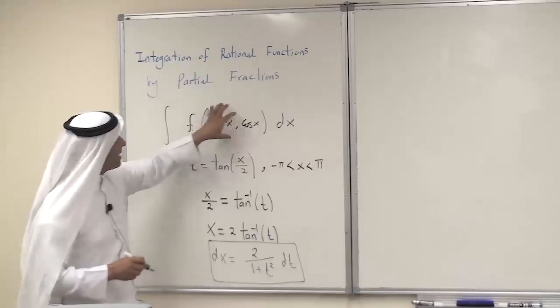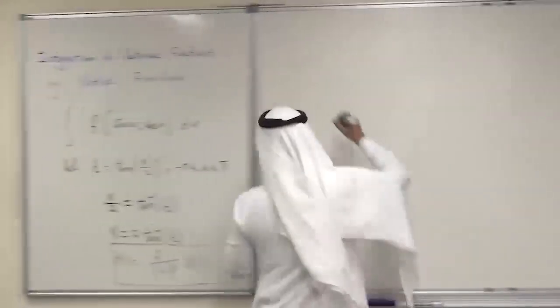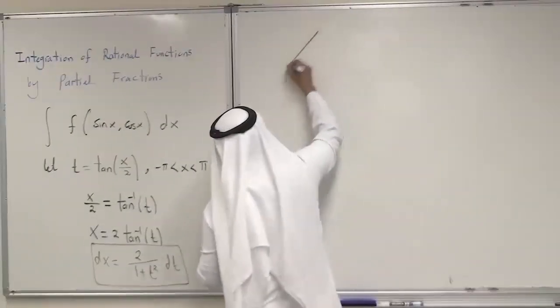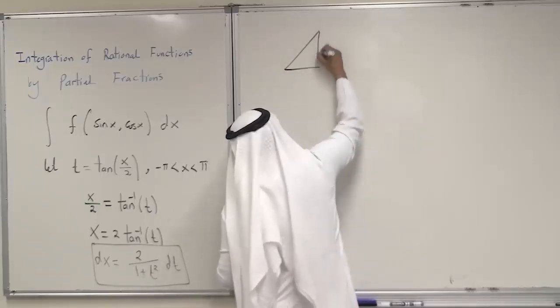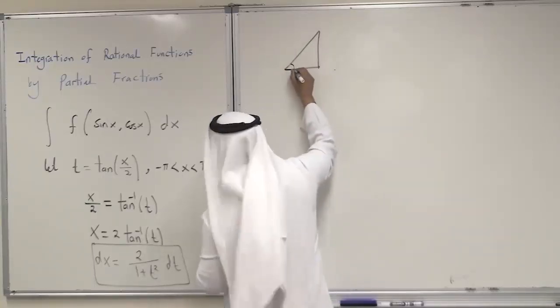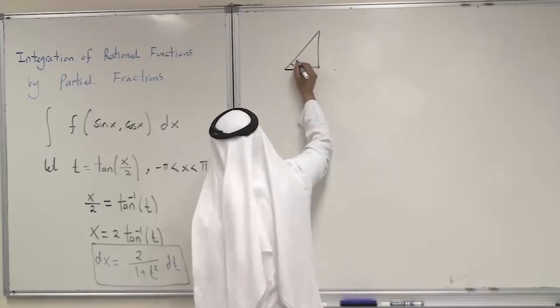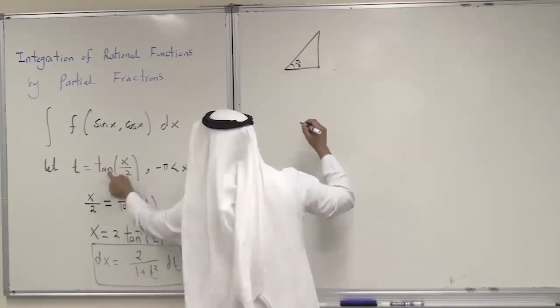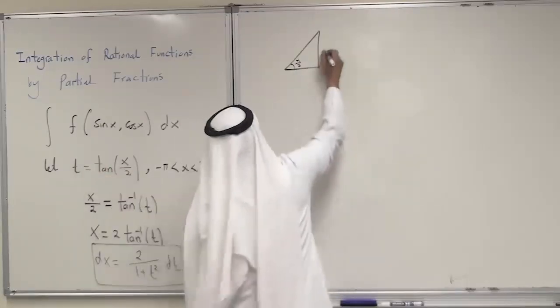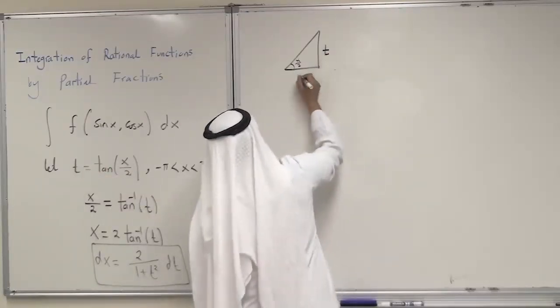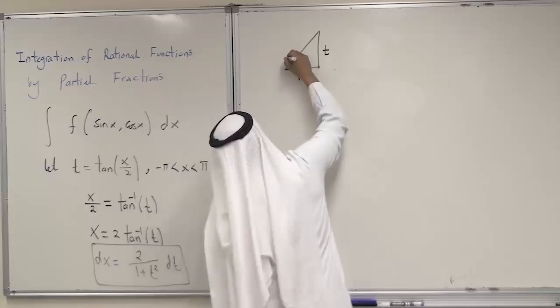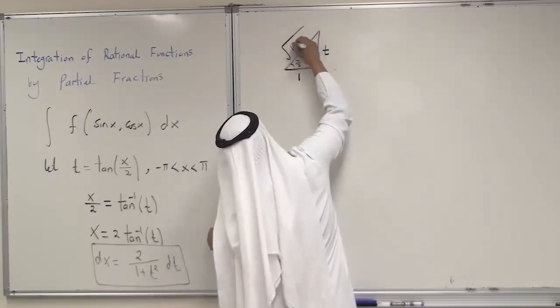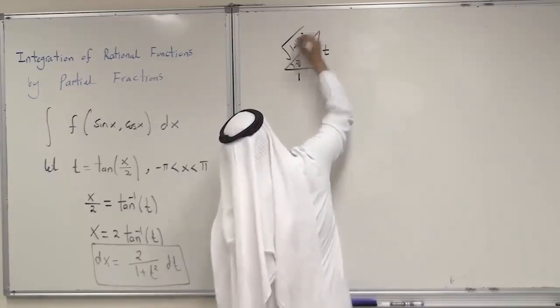Now what about sine x and cosine x? Let's establish the other things we need. Tangent of x over 2 is equal to t. So in a right triangle, the opposite side is t, the adjacent is 1, and the hypotenuse is radical of 1 plus t squared, using the Pythagorean law.